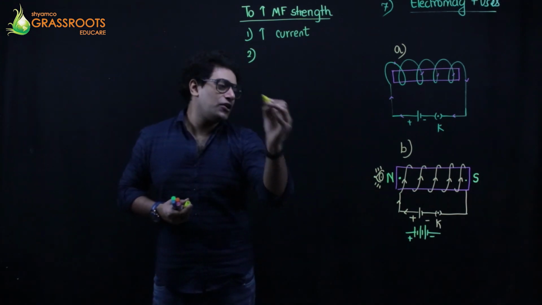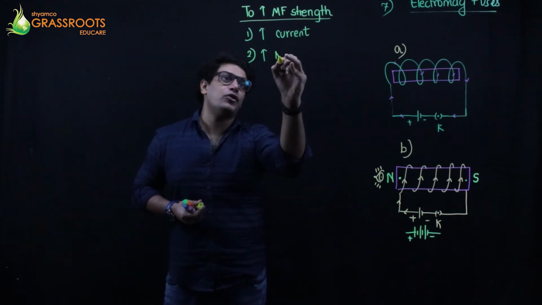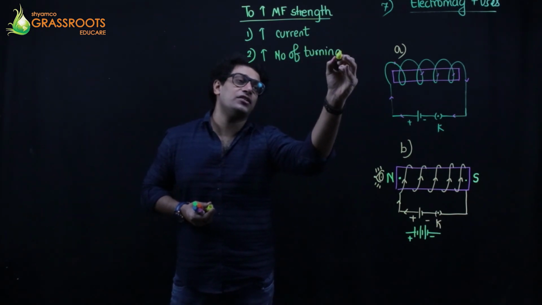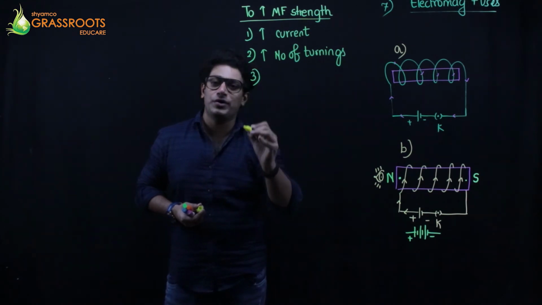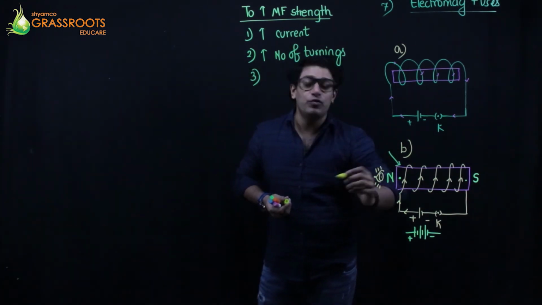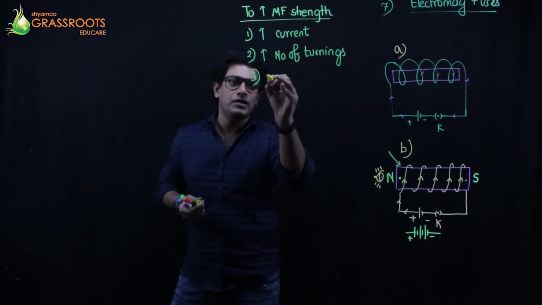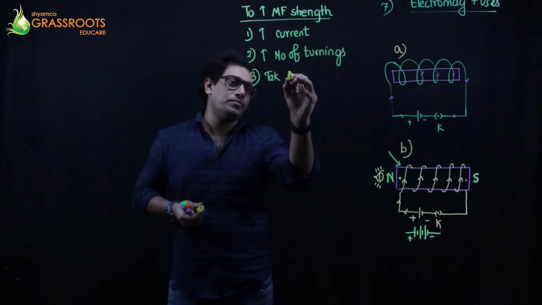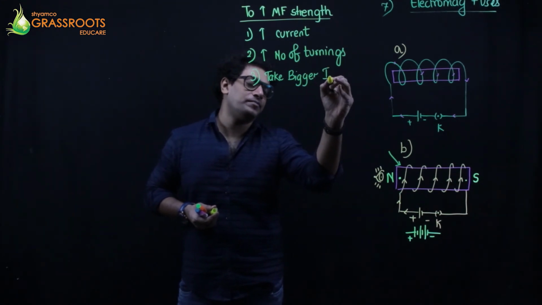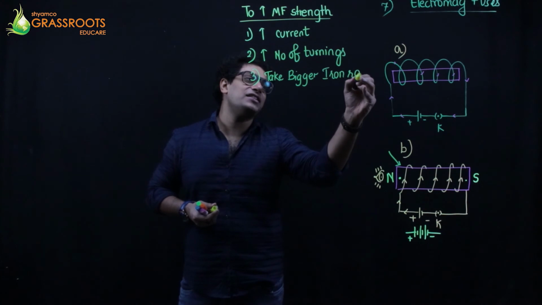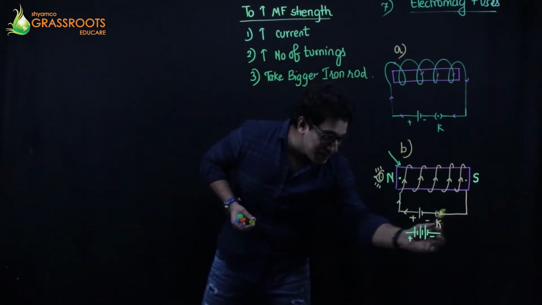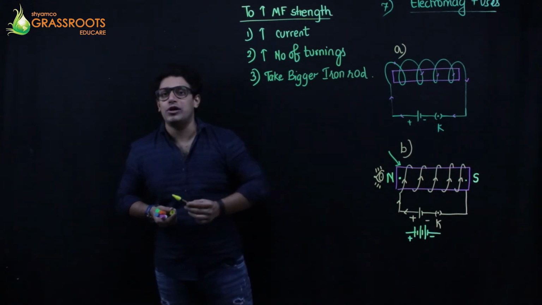Second, you can increase the number of turnings. And the third thing you can do is take an iron rod which has more area. So you take a bigger iron rod having more area. These three things will help you to increase the magnetic field strength around the so-called magnet.